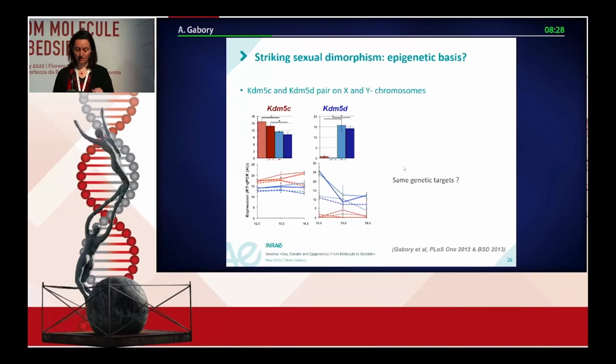So it's not really clear if KDM5C and 5D proteins have the same targets or not. Which means, would there be qualitative differences? If there is not, it means that if the expression of KDM5D is able to correct the lower expression of KDM5C in female, it would mean that there would be the same quantity of proteins, same quantity of transcript, and there would be no actual sex differences.